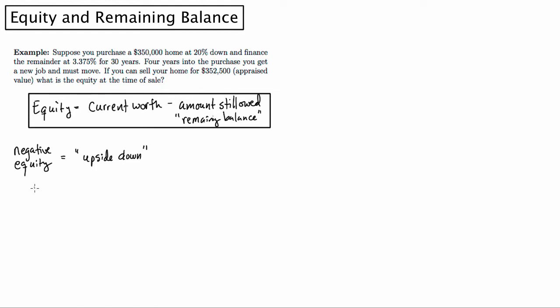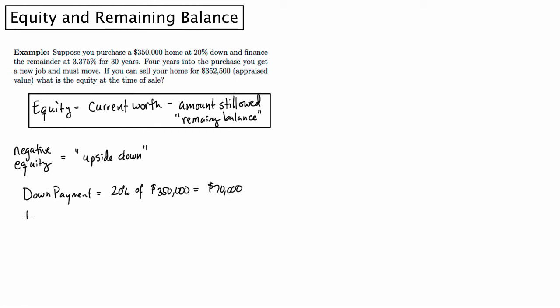What I need to do is figure out sort of all the pieces that are involved here. I do have a down payment, so let's talk about that first. The down payment is 20% of a home value of $350,000. So the down payment is $70,000.